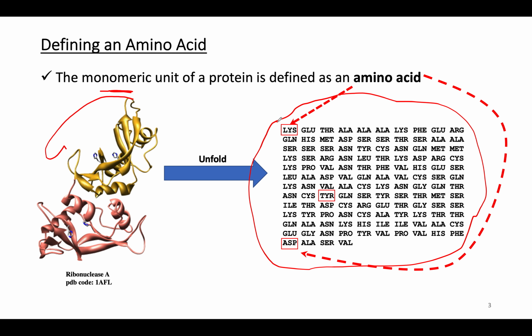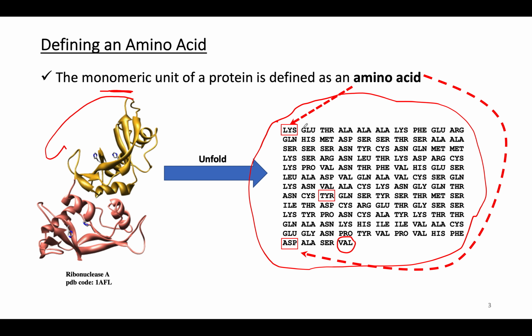In this sequence, the first amino acid is lysine, which is designated by the three-letter abbreviation of the amino acid, and the last amino acid is valine. So if I want you to read the sequence of amino acids in a protein, you start from here and continue till the end, which is valine.